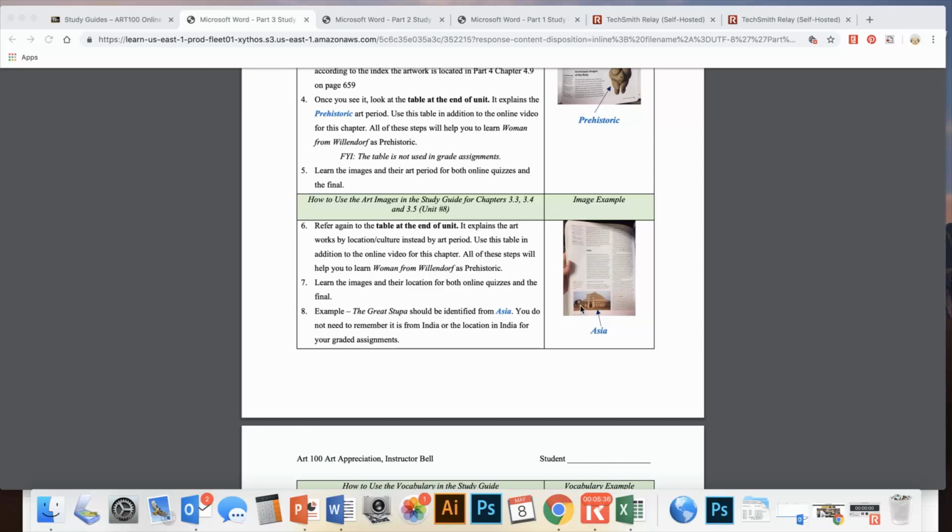Here's the Great Stupa. I took a screenshot. You just see the image of the Great Stupa, and you need to know it's from Asia. That's its location. Again, I'm not going to have India in the multiple choice. I will have Asia as one of the options, which would be the correct answer.